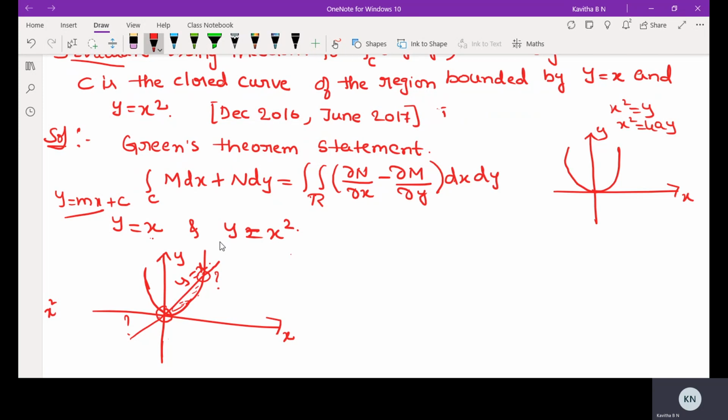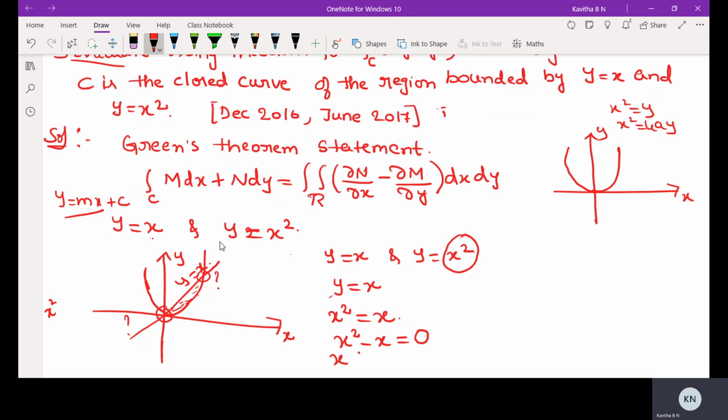Take the equations y is equal to x and y is equal to x square. In place of y, substitute x square is equal to x. Then x square minus x is equal to 0.